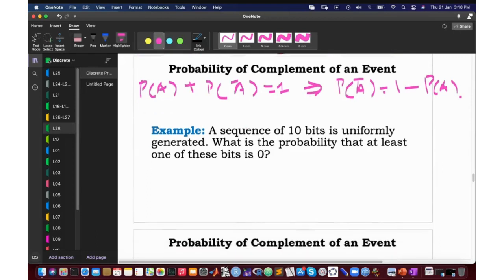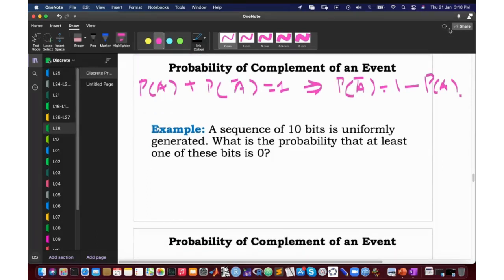Let me get you started. A is the event that at least one bit is 0. What is the event A bar?